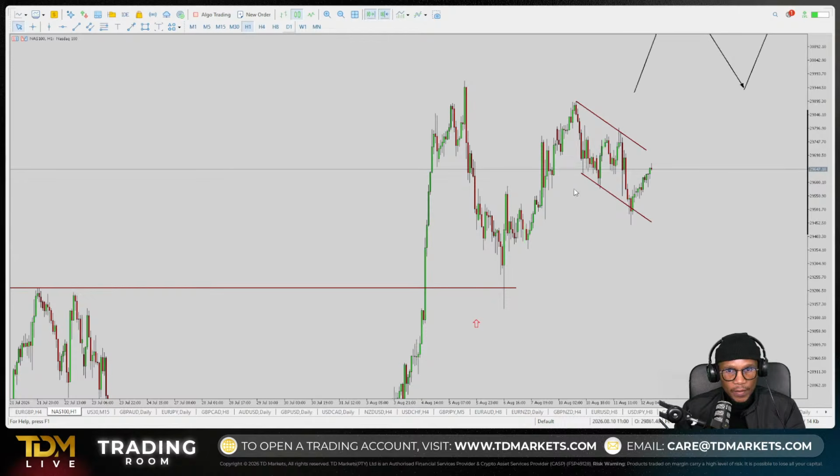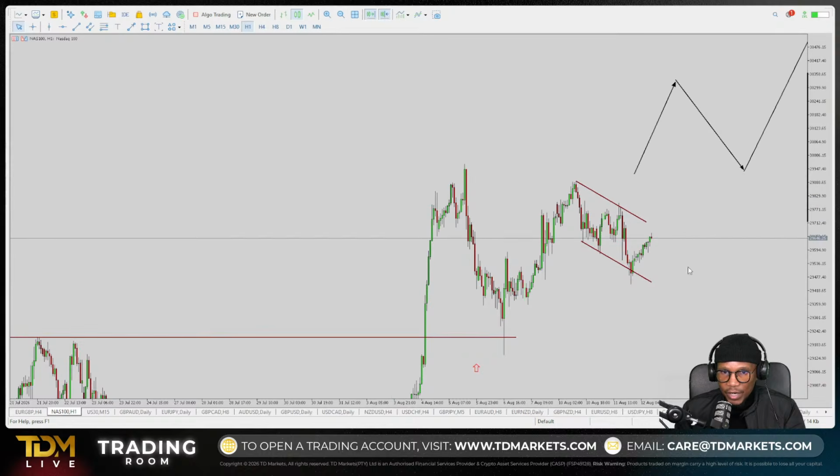Everything is still bullish, by the way. Price came back down to this low, gave us a correction. Now it's pushing up. The reason why price is pushing up is because of this formation here. So buy opportunities could have been somewhere down here. But I think this happened midnight or yesterday night.